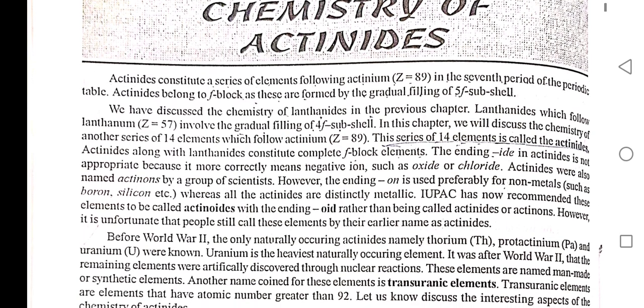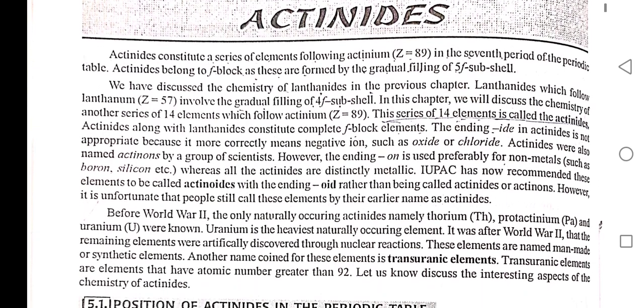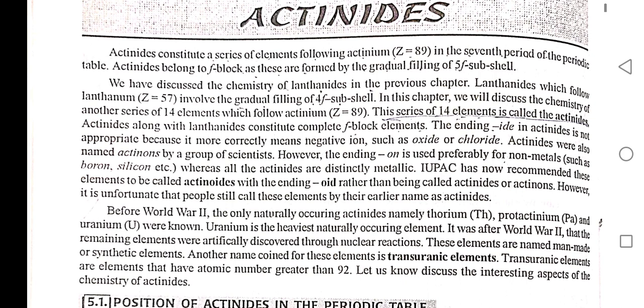However, the ending "one" is used properly for non-metals such as boron, silicon, etc. Since all the actinides are distinctly metallic, IUPAC has now recommended that these elements be called actinoids, with the ending "oid", rather than actinide or actinones. However, it is unfortunate that people still call these elements by the earlier name, actinides.